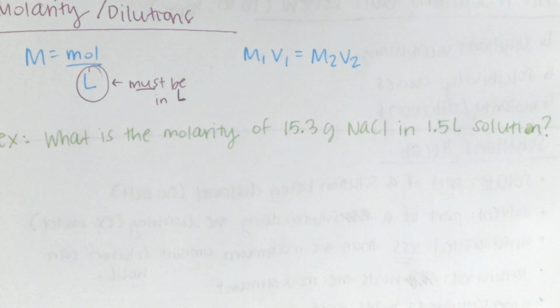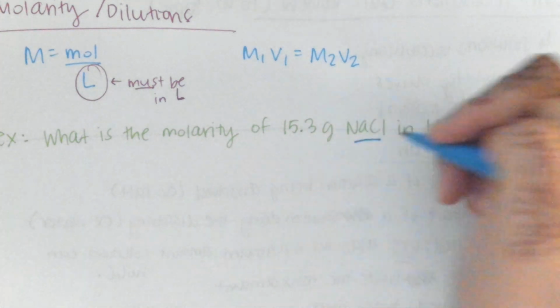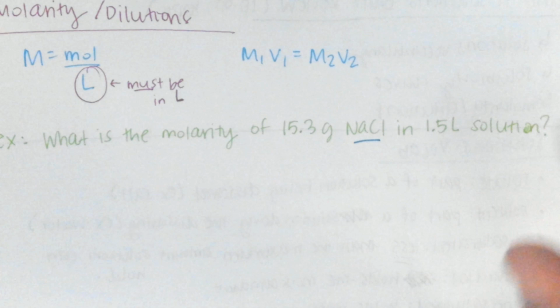Alright, what is the molarity of 15.3 grams of NaCl in 1.5 liter solution? Uh-oh, it's in grams. What's the first thing you do? You divide by the mass of NaCl from the periodic table, so I trust you know how to do that. But on the quiz tomorrow, you have to find it yourself.